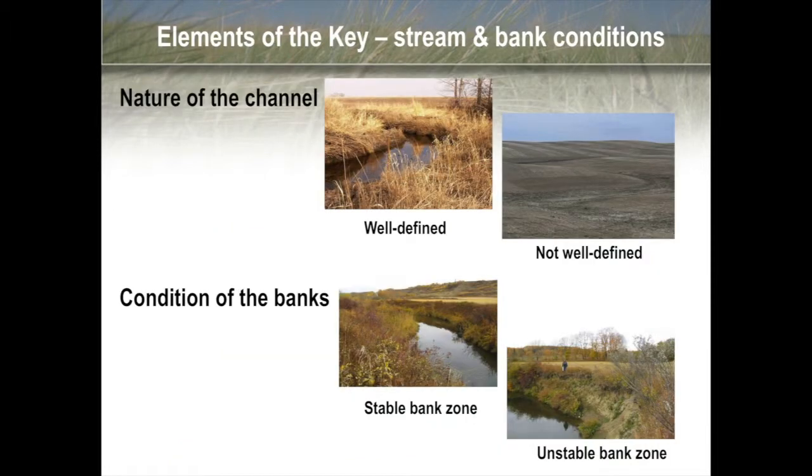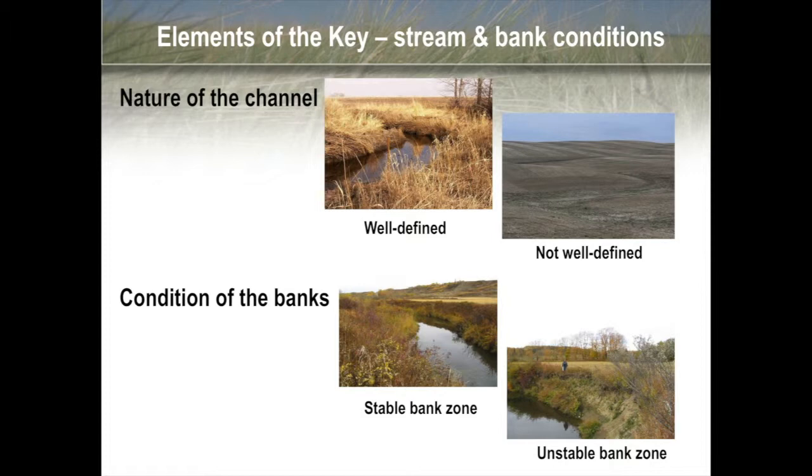So the first questions of the key deal with, as I mentioned, the stream and the bank conditions. So first we're looking at the nature of the channel, and we divided it first into, are we talking about what we call a well-defined stream, or are we talking about something that's not well-defined? And our definition for that, coming from an ag side, is just, are you driving farm equipment across it?